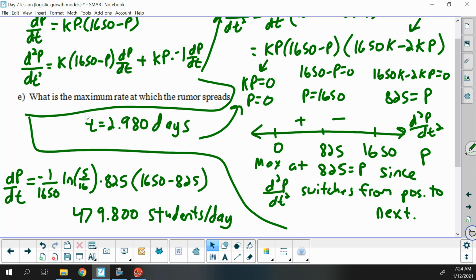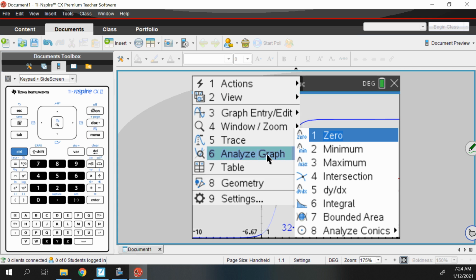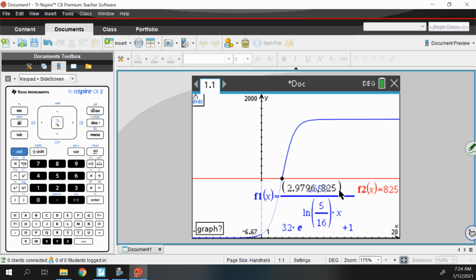Or we want the rate of the original function at 2.980. So another way we could do it is if we go to the graph, and I would say keep it out to as many decimal places as you can. So let's do 2.9796. But we're going to go menu, analyze graph. We'll do the derivative. We want to do the logistic function. And we've got 2.9796.